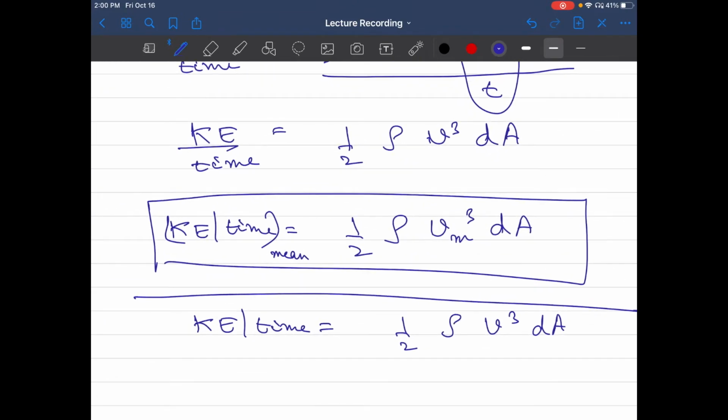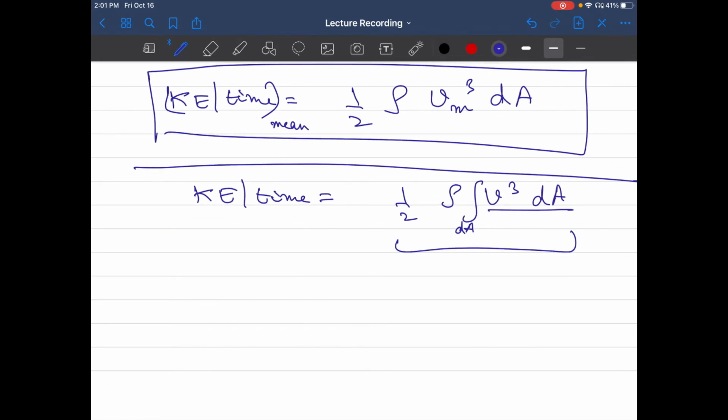And here, if we integrate this expression of V cube dA, assuming that our velocity is a function of area itself, we can integrate it over dA. This will give us a more accurate representation, albeit a hard-to-measure quantity, in terms of KE per unit time, but using the exact variations that are happening in velocities.